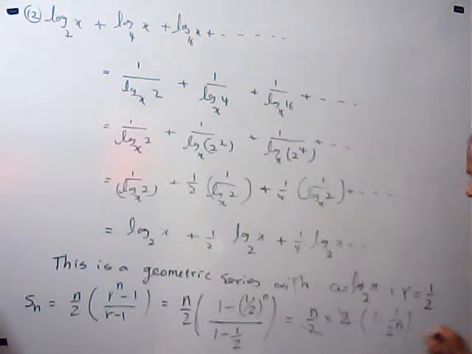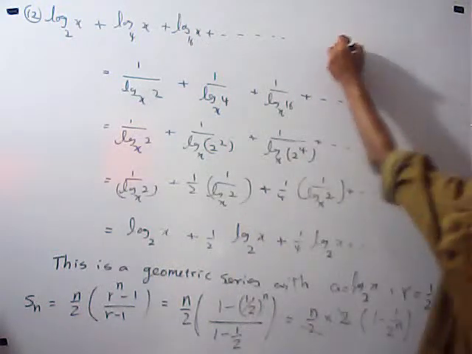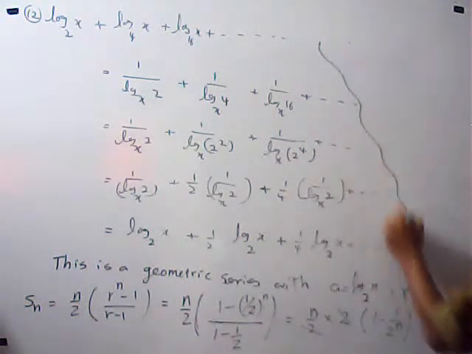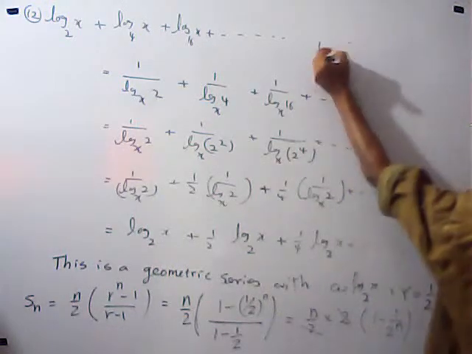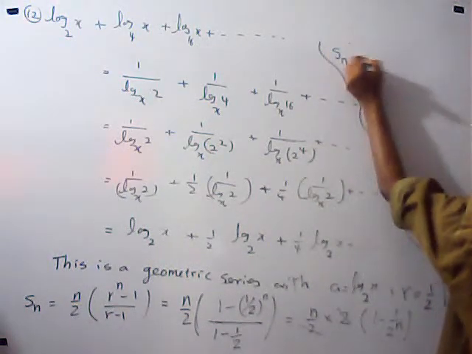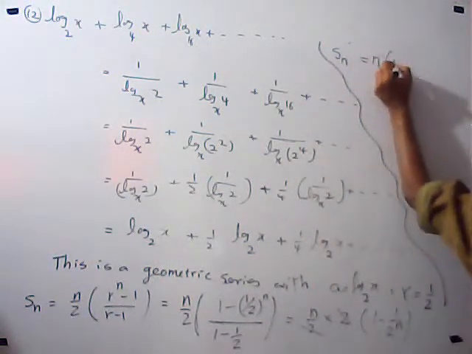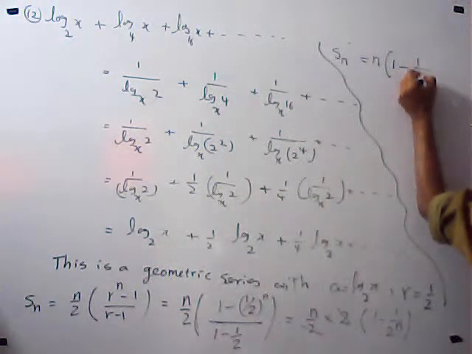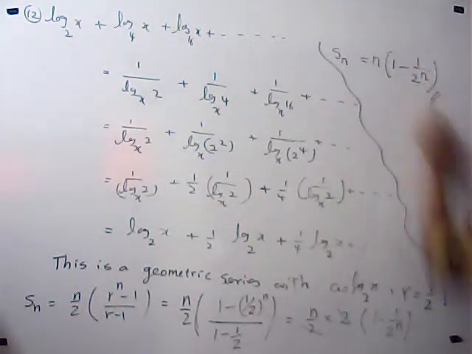The 2 will get cancelled. You can leave it like Sn equals n times 1 minus 1 over 2 to the power n.